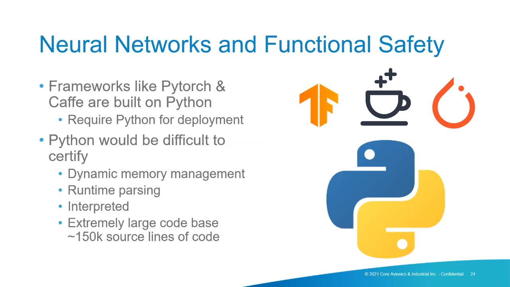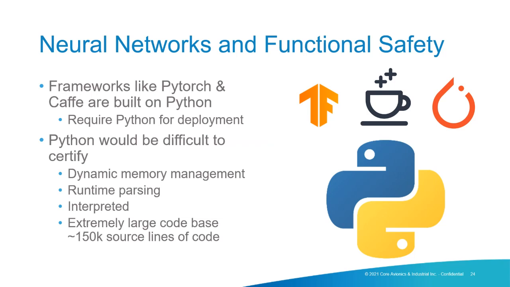Some well-known ones are TensorFlow, PyTorch, Caffe. And a common element of these frameworks is that they require Python for the development and deployment of these neural networks. And if you're not familiar with Python, it is an open source scripting language, and it would be an extremely difficult component to certify.